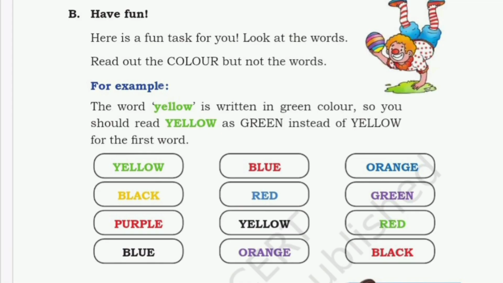Then red will read as green. Blue will read as black. Orange will read as purple. And black we will read as red because it is written in red color. So students, I hope that you must have enjoyed the fun of the colors above.